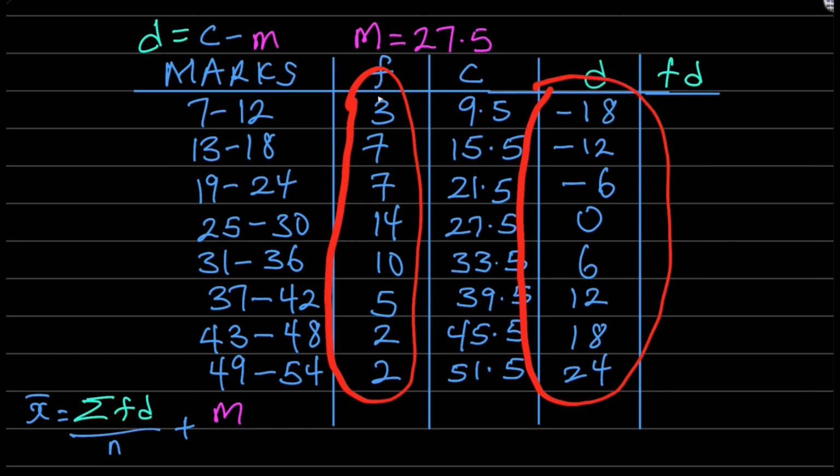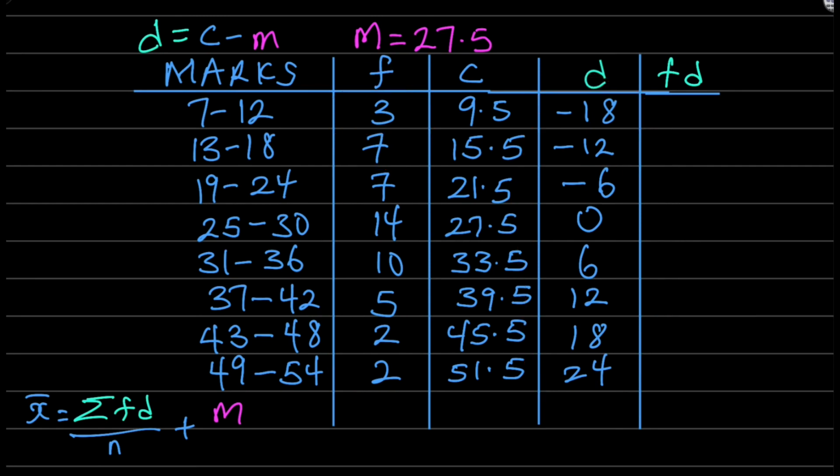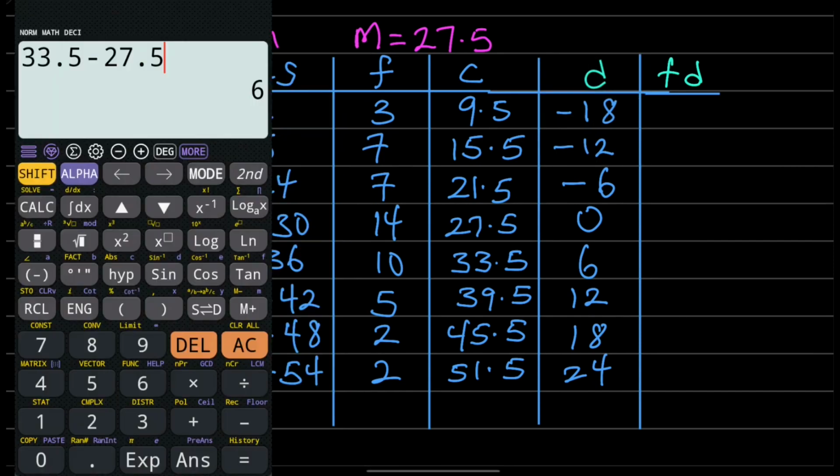So the first FD would be the first F, which is 3, times the first D, minus 18. Then you go on to say again 7 times minus 12, and you move on like that. The calculator is your best friend.